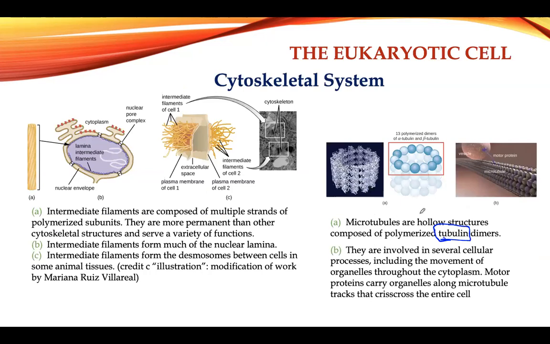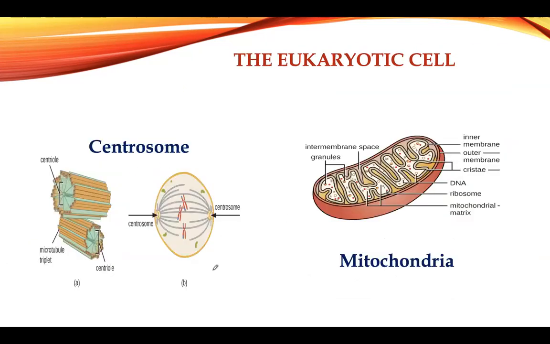These microtubules are responsible for cell division. Remember that during cell division, the centrosome makes that fiber, right? That actually pulls away and separates the chromosome material. So they are responsible for cell division.